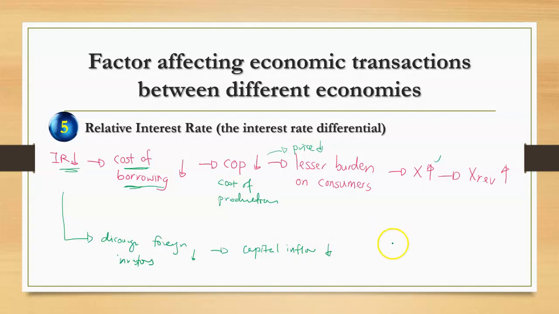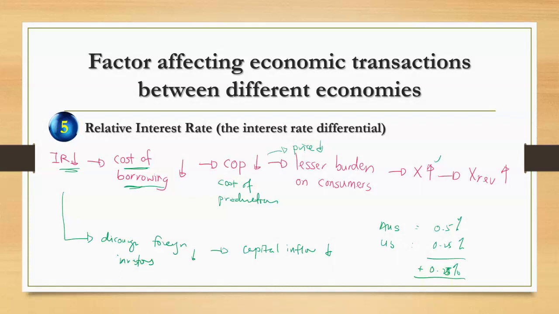Let's assume the Australian interest rate, it was 0.5%, and the US was 0.25%, for example. In that case, the difference is 0.25. Am I right? Our interest rate is 0.25 higher than the US.